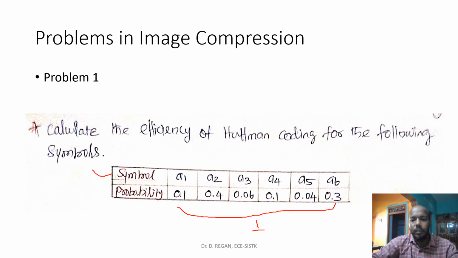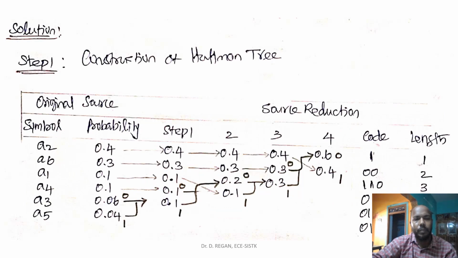Now we will move to the construction of a Huffman coding tree. For the given 6 symbols, what is the first step? We already discussed it in the beginning of this presentation. The first step is we have to arrange all the symbols given in descending order.